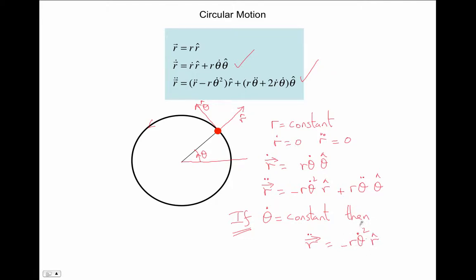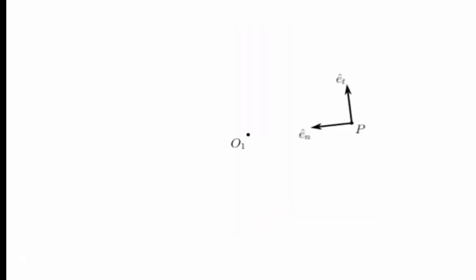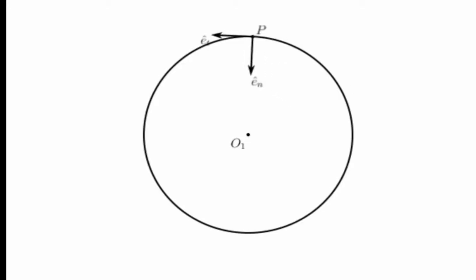So if theta dot is a constant, it'll be minus r theta dot squared and directed inwards. Here is a particle that's moving in a circle, and you can see that this is the velocity vector over here, and this is the acceleration. The acceleration is pointing towards the center of this circle, and the velocity is tangential, exactly as we had derived.